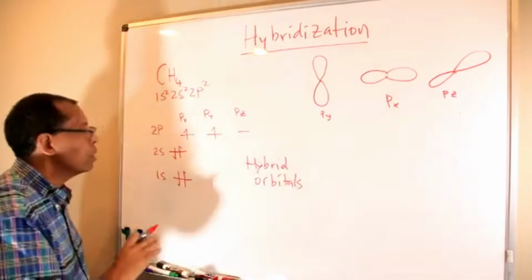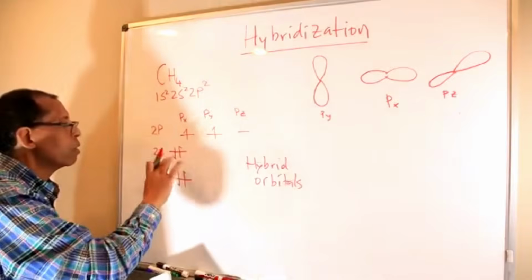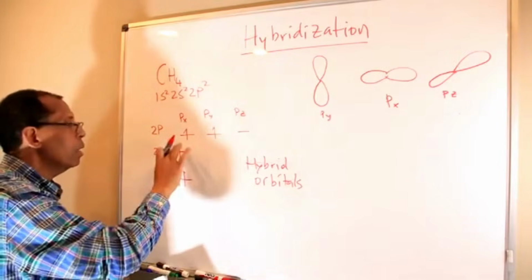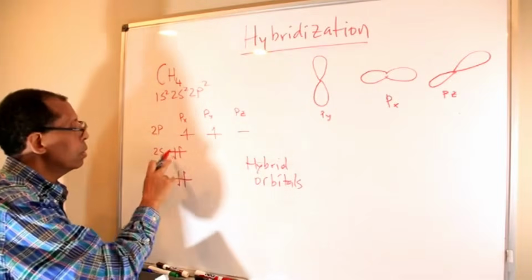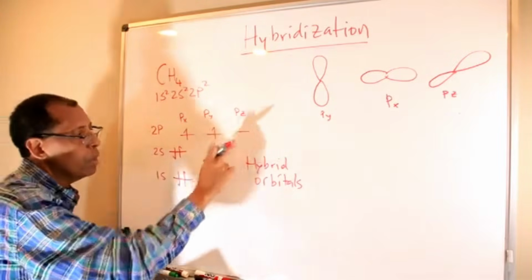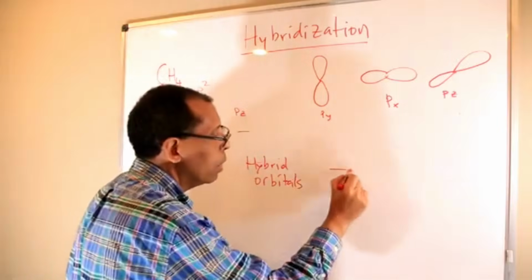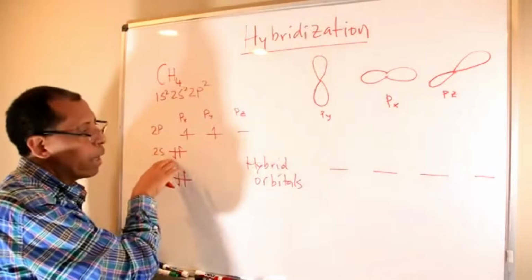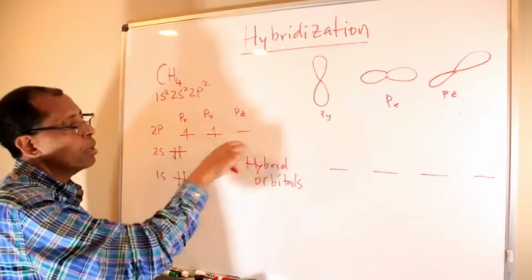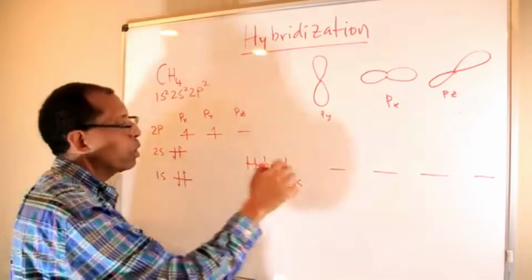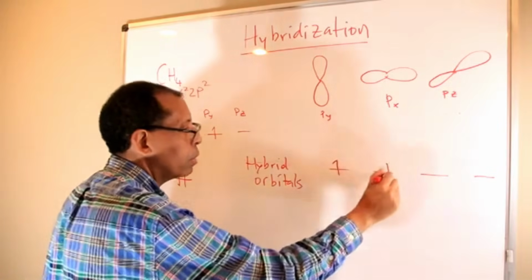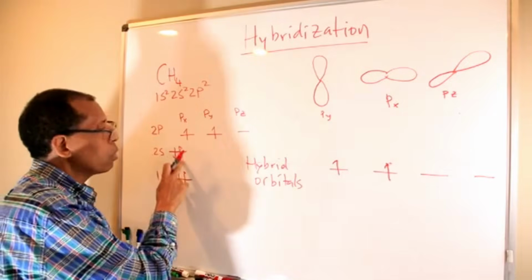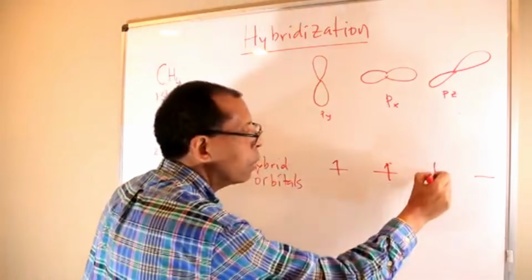So what I did is just to mix up all of this, so the electrons now have space to go everywhere in the p. So this one electron would jump to this. What it looks like would be a hybrid orbital where one of the s and 3 of the p's are hybridized. You already know you have these electrons, and there is one electron that jumped to this, one electron.